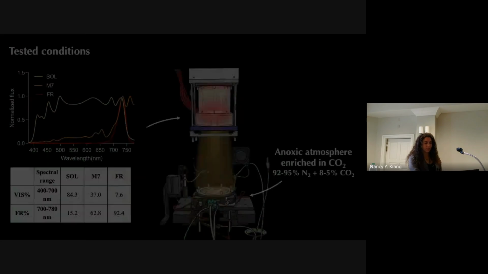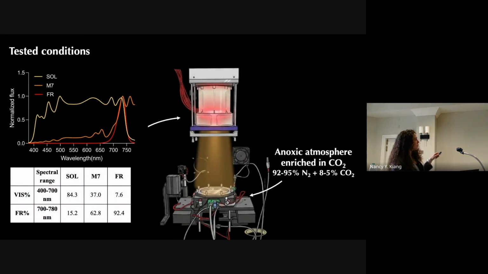We tested the cyanobacteria with these three spectra, solar, M7, and far-red light. You can see that the amount of visible and far-red light in the three spectra is highly diverse. The atmosphere that we are testing is an anoxic atmosphere enriched in CO2. So we have like 5-8% of CO2, and the rest is just nitrogen.